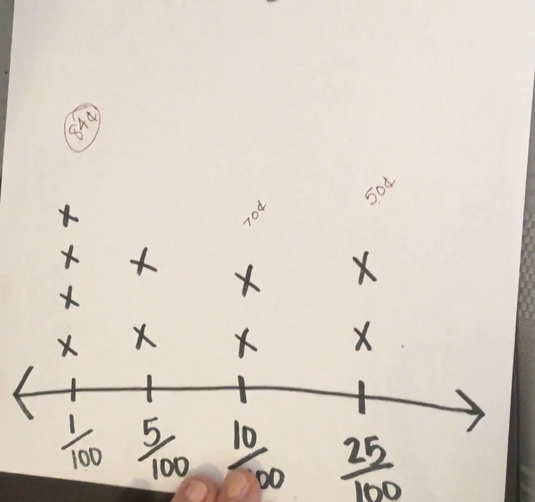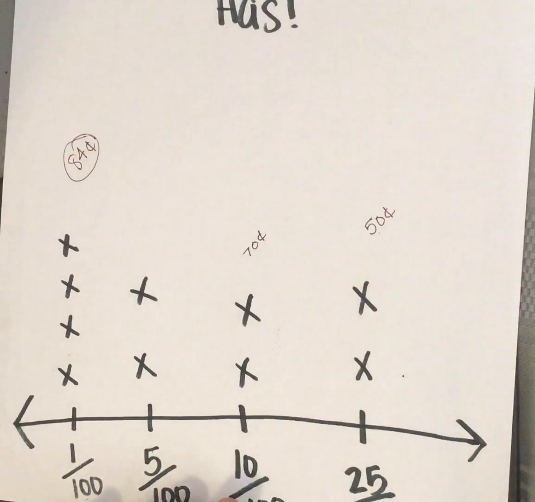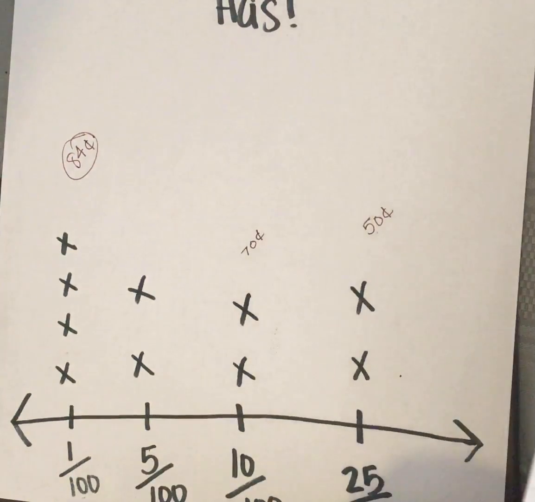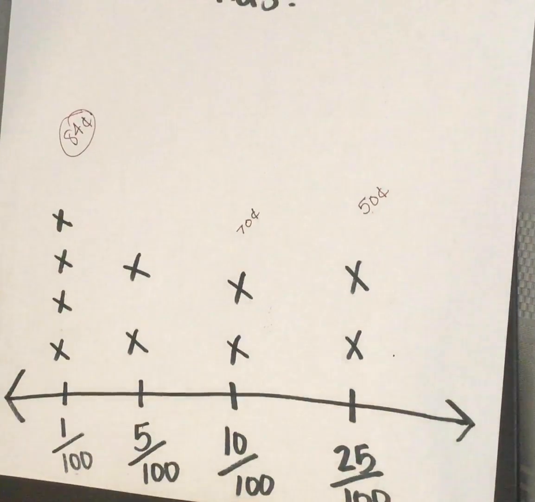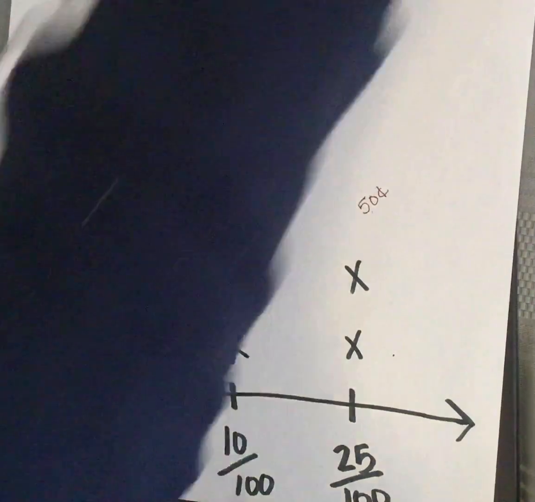So remember that when we are making a line plot, we are organizing our data. And that when we are counting coins, we can use our touch points to help us count these big groups of coins.